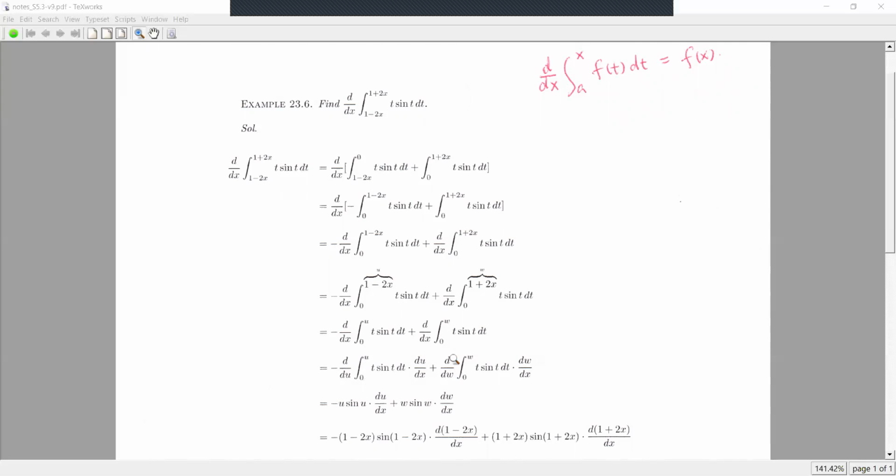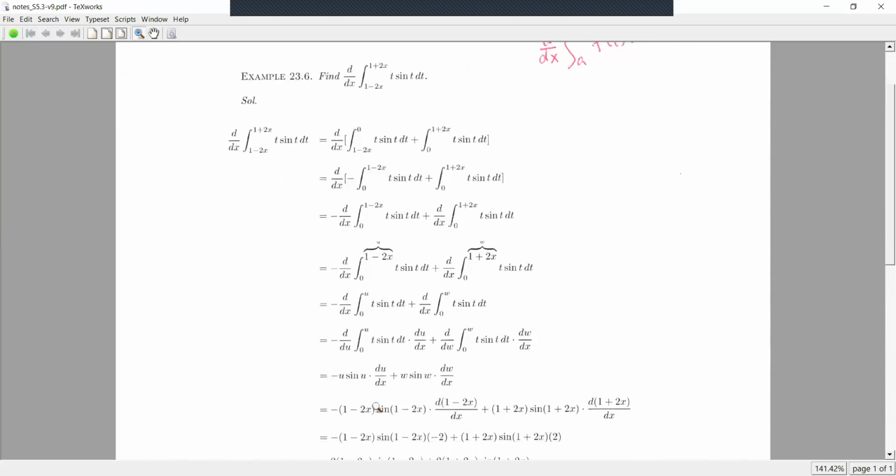And similarly, for d over dw of the integral from 0 to w, apply the formula, then I get w psi of w. Cancel the derivative and this integral, plug in w for t, then I get this. Now w and u are temporary.